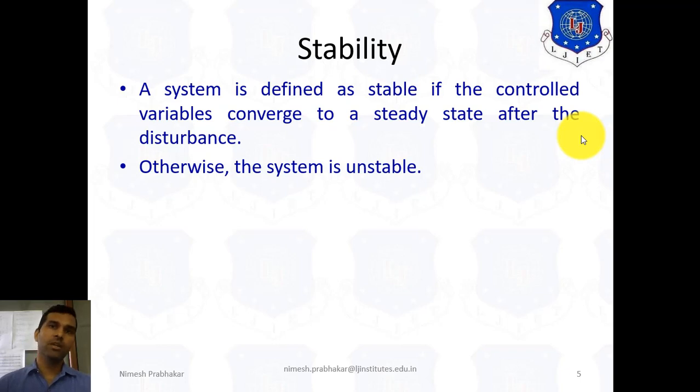Any system is called stable if its controlled variable converges to a steady state after some disturbance. If the variable does not go to a steady state, then the system is called unstable.